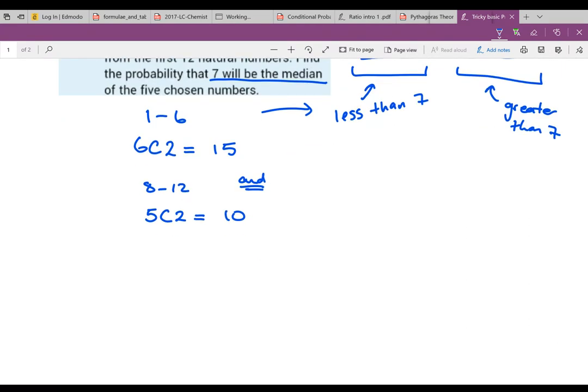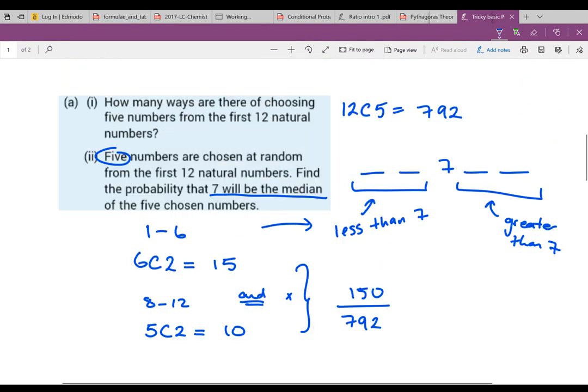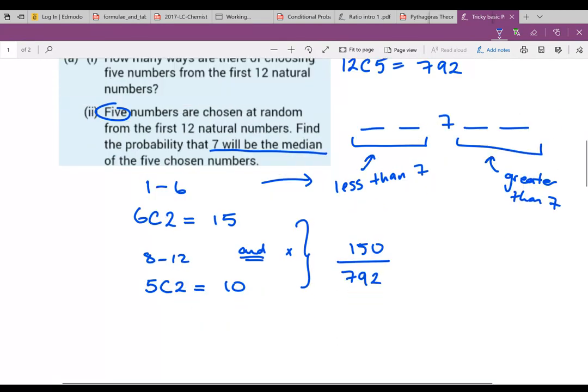That will give me, because "and" means multiply, 150 outcomes out of the total 792 that I could possibly have.